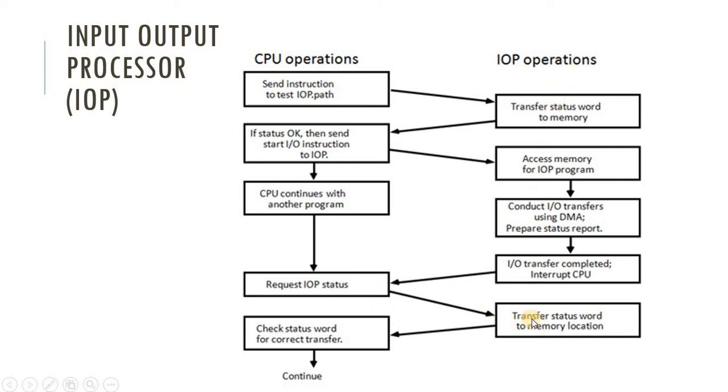At that time, the IO processor transfers the status word to the memory location and sends it to the CPU. Now the CPU checks the status word for the correct transfer. If the data is transferred successfully, the CPU checks the status as success, and after that continues its execution with another program.